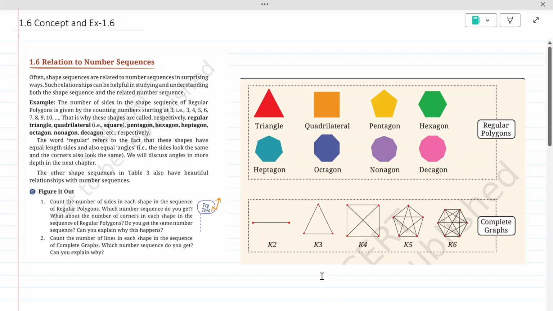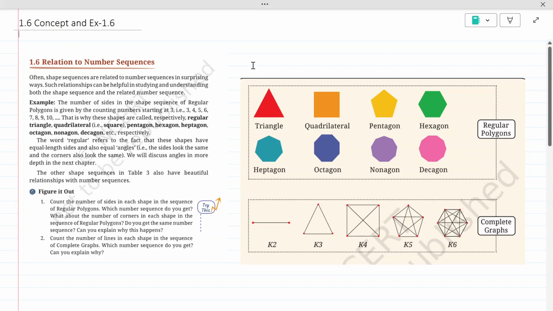Hello kids, I hope that you have completed exercise 1.5 and practiced that on your own. So in today's class, we are going to move further in this chapter and see how the shape sequences are related to the number sequences, right?